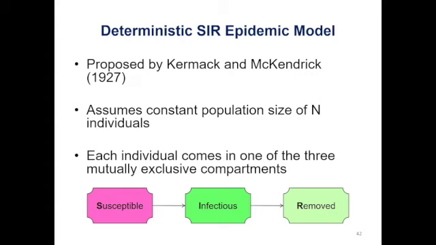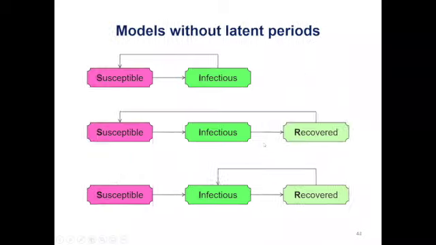So this was proposed by Kermack and McKendrick back in the late 1920s. Each individual comes into one of these three mutually exclusive compartments. You could have other extensions to these compartmental models. You have the SIS model, SIRS model, which allows for recovered individuals to come back into the susceptible compartment, like the seasonal flu and all.